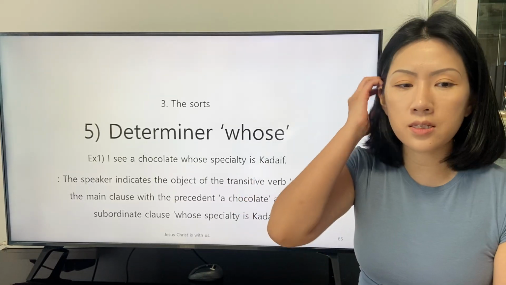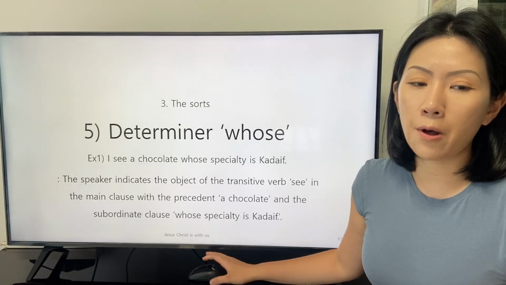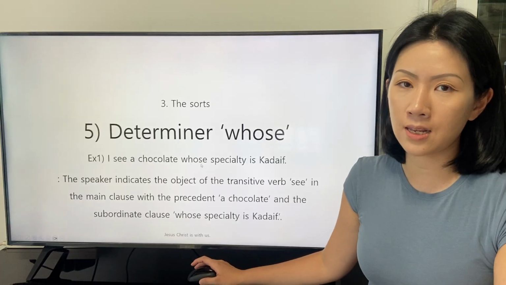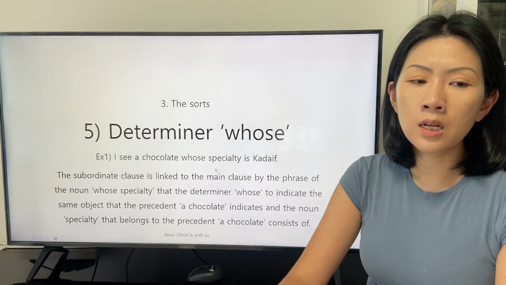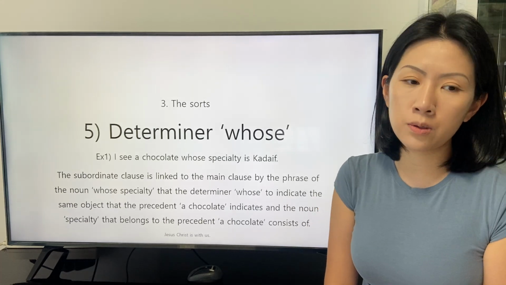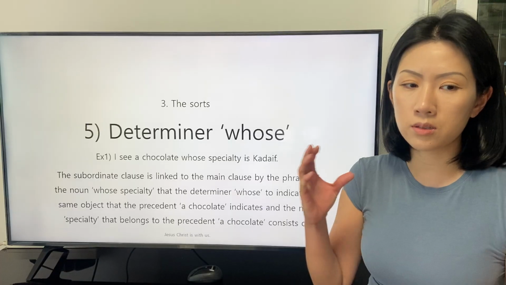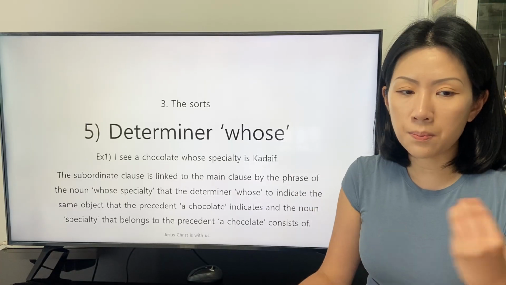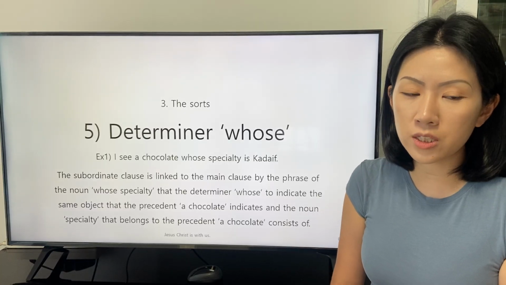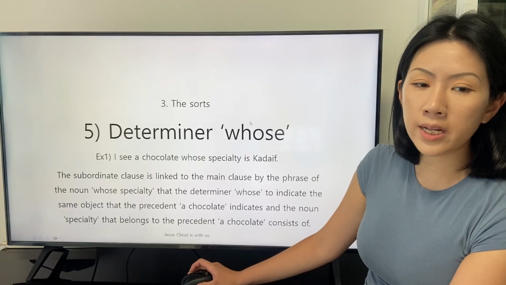The speaker indicates the object of the transitive verb see in the main clause with the precedent, a chocolate, and the subordinate clause whose specialty is cafe. The subordinate clause is linked to the main clause by the phrase of the noun whose specialty, with the determiner whose indicating the same object that the precedent chocolate indicates, and the noun specialty belonging to the chocolate.